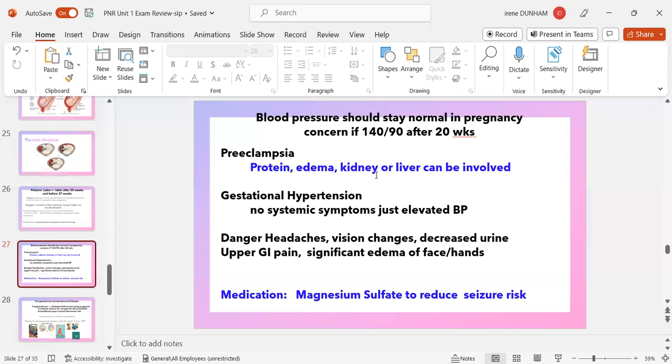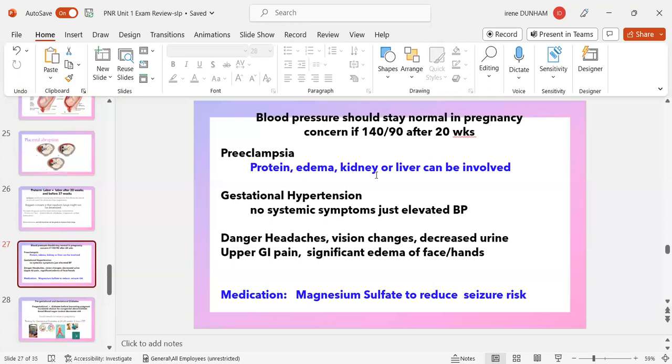You just have an elevated blood pressure. So you see the difference: with preeclampsia, it affects your whole body. All your systems, your kidneys, your liver, your blood volume, your edema. These are things that get affected with preeclampsia. You got the difference between preeclampsia and gestational hypertension?